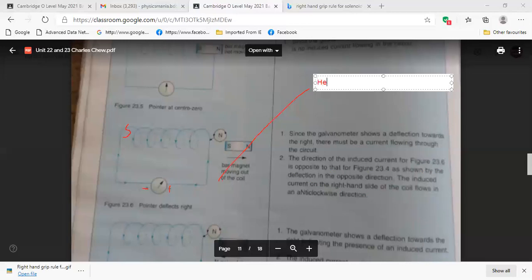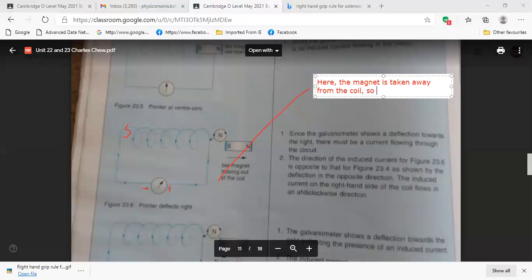Here the magnet is taken away from the coil.